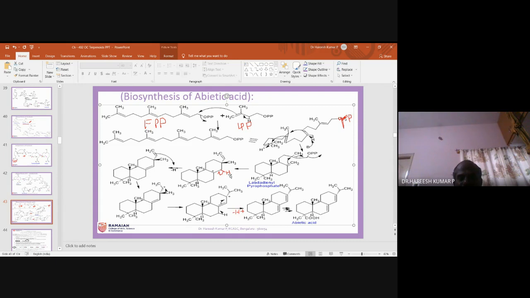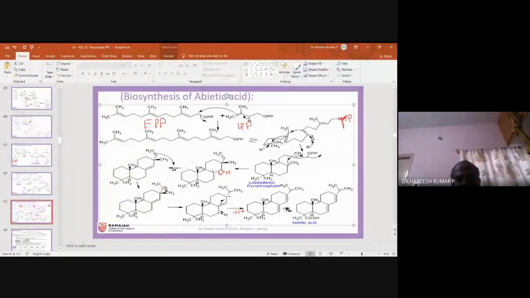This proton, when it is going out, is captured. Positive charge on this carbon. Since there is a positive charge on the secondary carbon atom, this methyl group is moved from this carbon to this carbon, forming an isopropyl substituent.